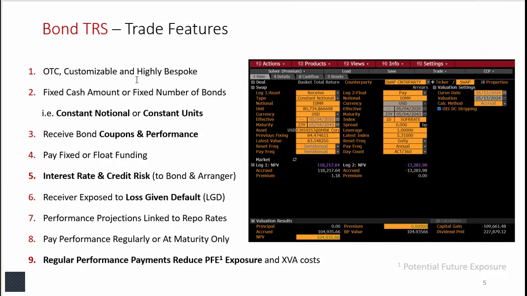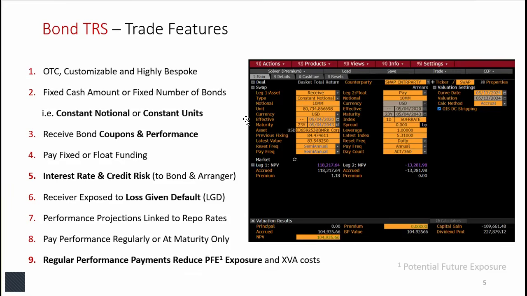But it's also a bespoke product that can be used as a structured product, where you get all kinds of combinations and modifications to the regular TRS. So when we're trading TRSs, we can choose to have exposure to a fixed dollar notional, or we can choose to have exposure to a fixed number of bonds.